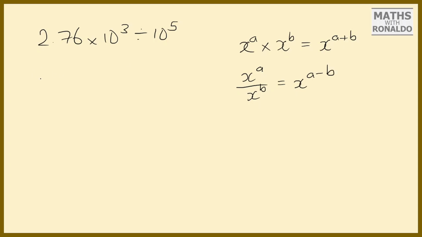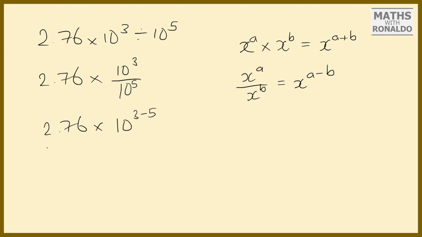We can rewrite this here as 2.76 times 10 to the power of 3 divided by 10 to the power of 5. And then using the rule on the right, 2.76 times 10 to the power of 3 minus 5. So 2.76 times 10 to the power of minus 2. 10 to the power of minus 2 means we're moving the decimal place 2 places to the left. So that becomes 0.0276. And that is your final answer, written not in standard form.